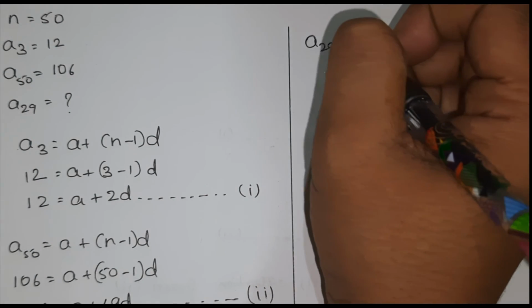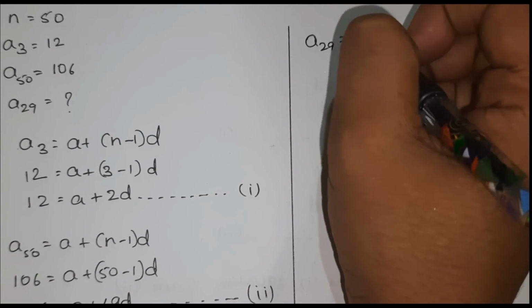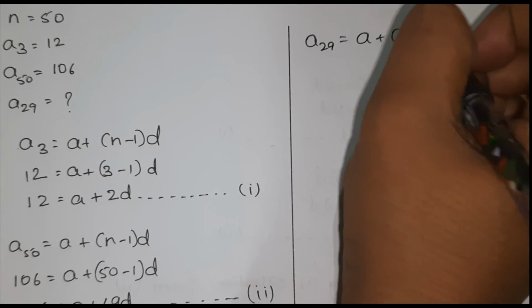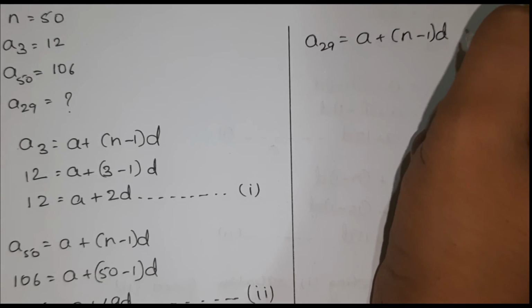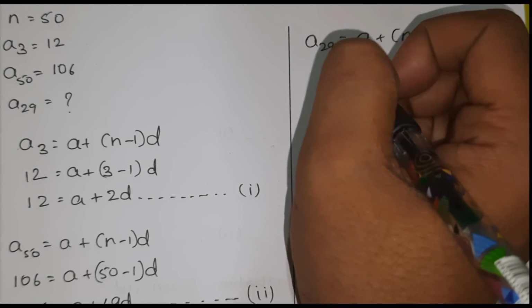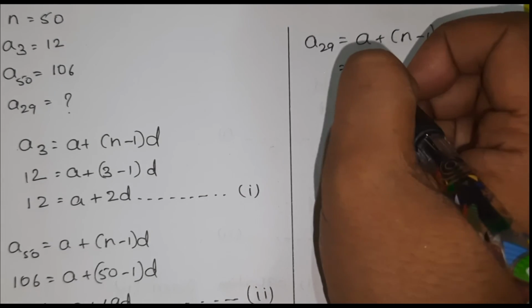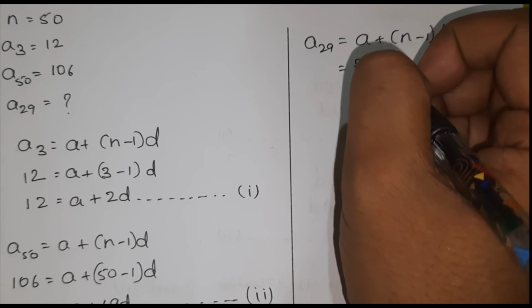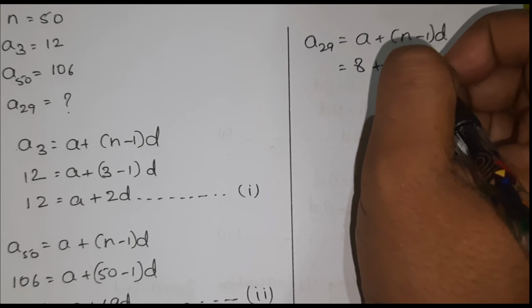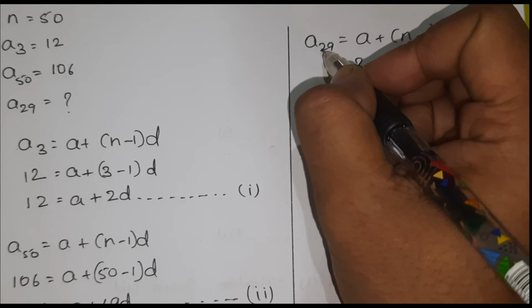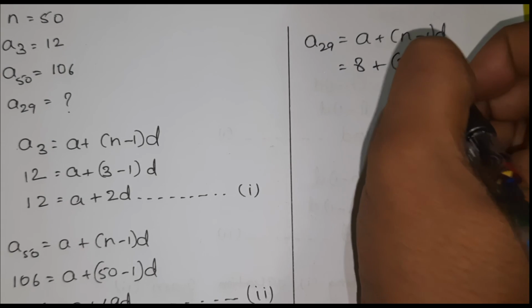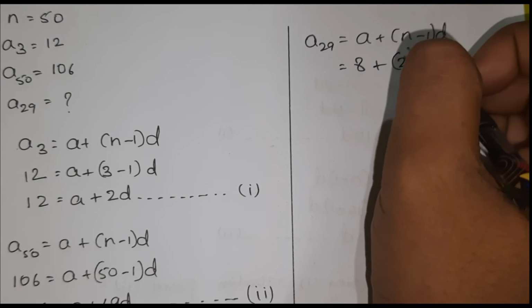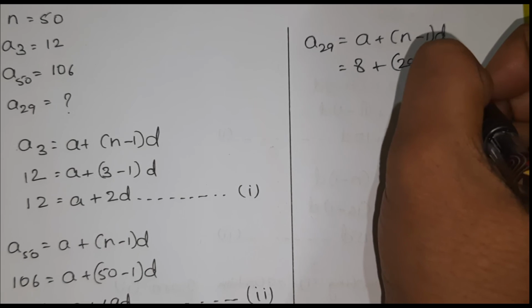A29 equals A plus n minus 1 into D. A is 8 according to our solution, plus n is 29 minus 1, D which we got as 2.